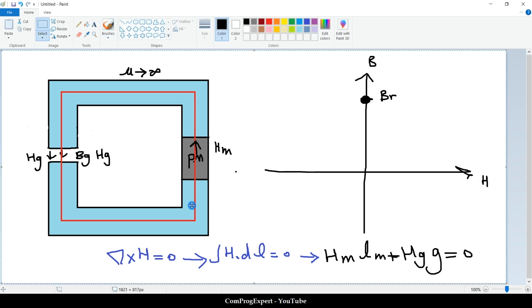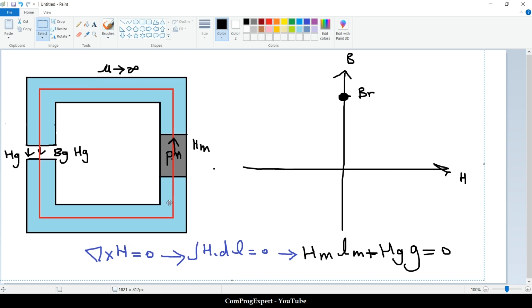And also, if we consider this equation, you know these equations, divergence of B equal to 0, we can write B magnet times the area of the magnet. This is the cross-sectional area of the magnet.